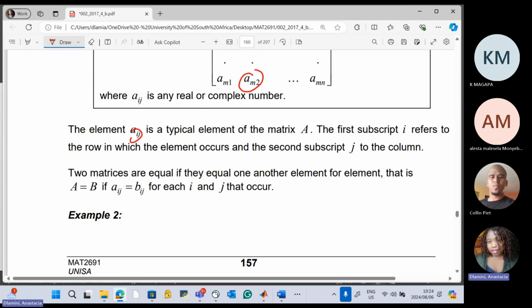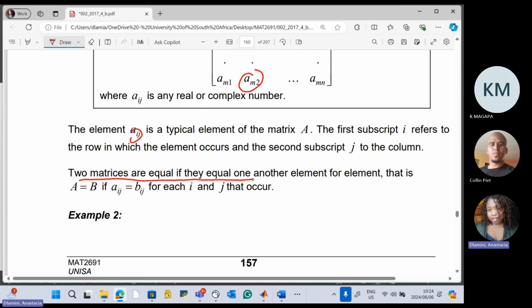Now, two matrices are equal if they equal one another element for element.